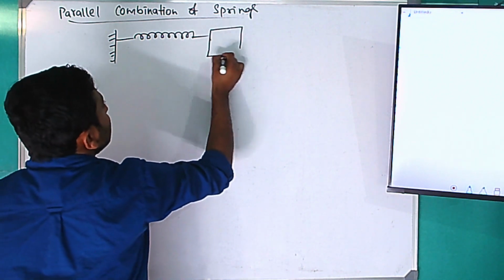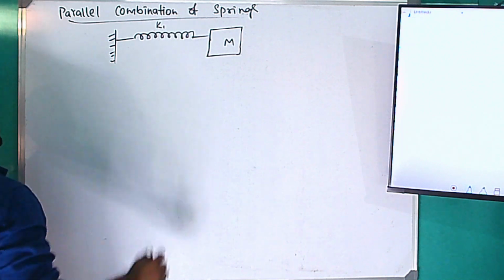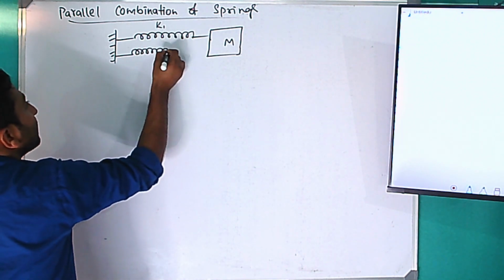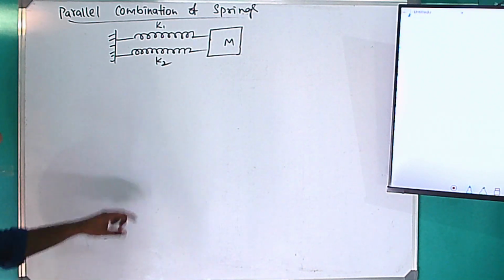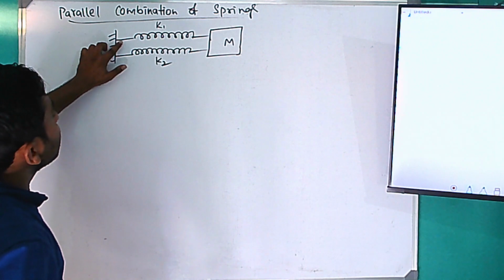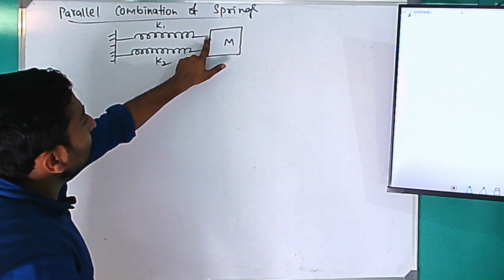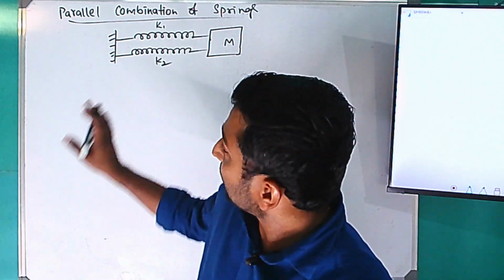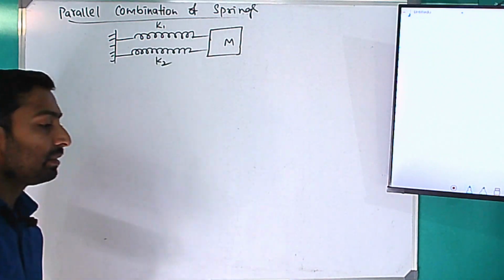Let me consider this is a mass m and one spring of spring constant k1 and another spring also connected like this. This is of spring constant k2. One end of both the springs is connected to a rigid support and the other end of both the springs is connected to the mass. When it is like this, we call the springs connected in parallel.